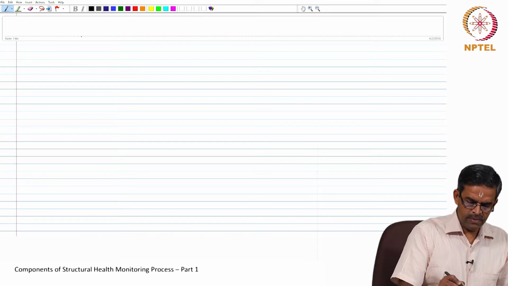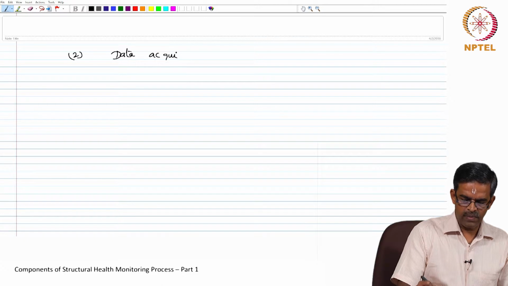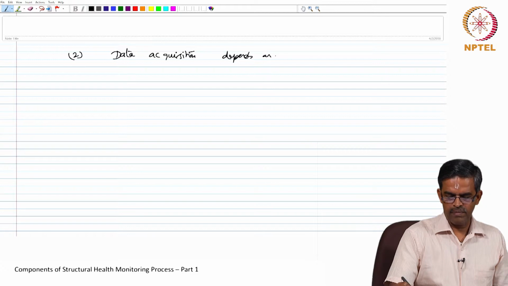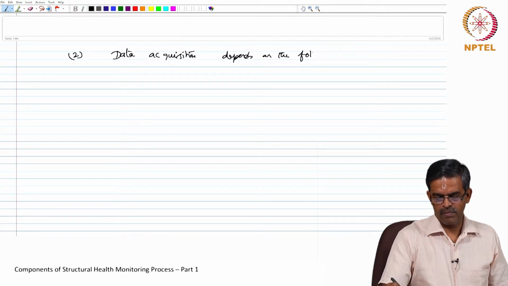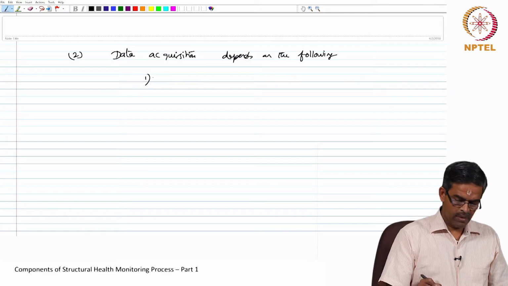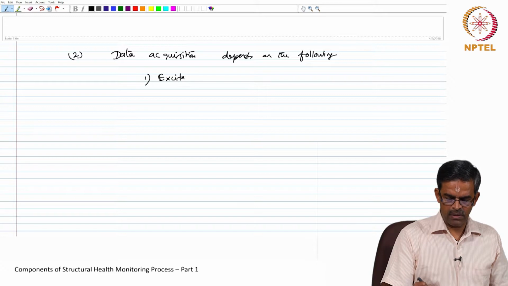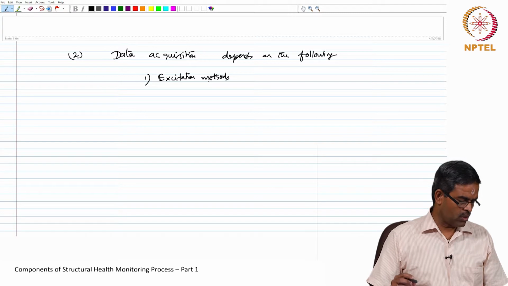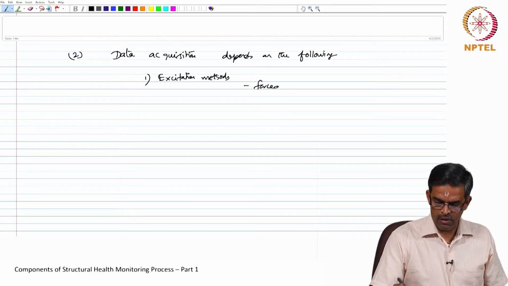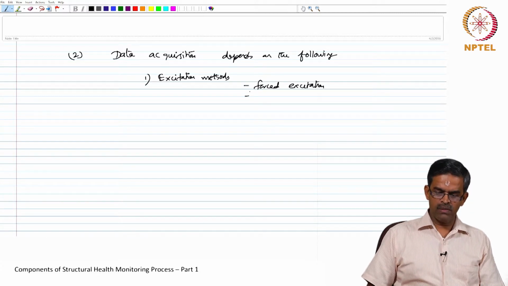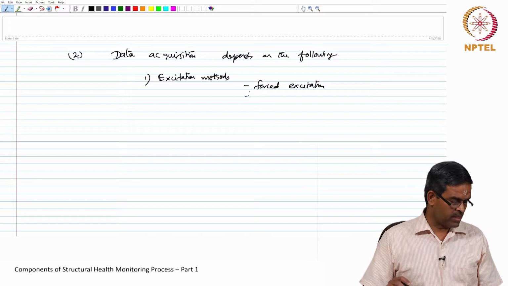The second stage, which is data acquisition, depends on the following. It depends on the excitation methods, because the choice of data acquisition system also depends on whether you are using a force excitation, because the number of channels, the frequency and bandwidth all depends on the type of excitation.